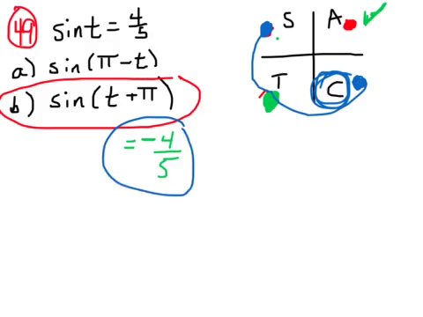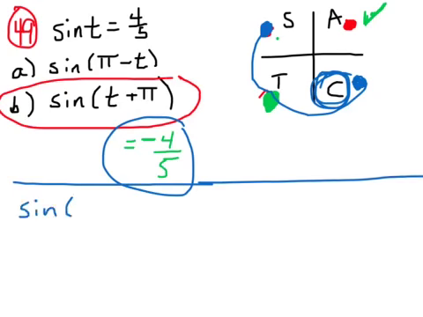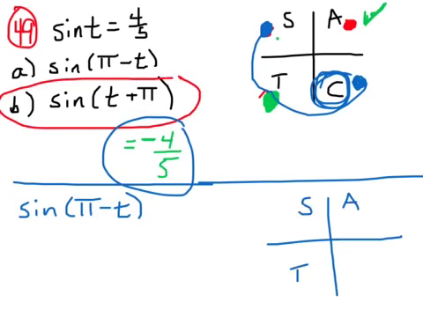Let me do another drawing and try to keep it on this page. Sine of pi minus t. It's either going to be 4/5 or negative 4/5, is basically what we're trying to see here. Let me write All Students Take Calculus. Now, if the sine originally was 4/5, it was in one of these two quadrants, so either one of these is where I could have started.